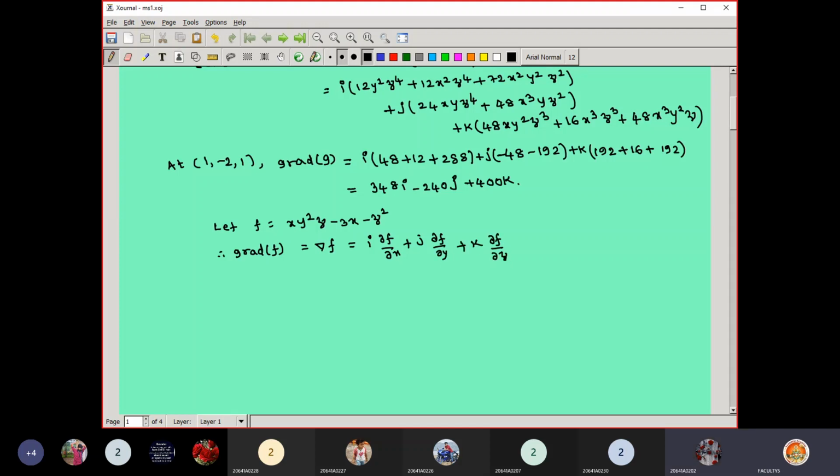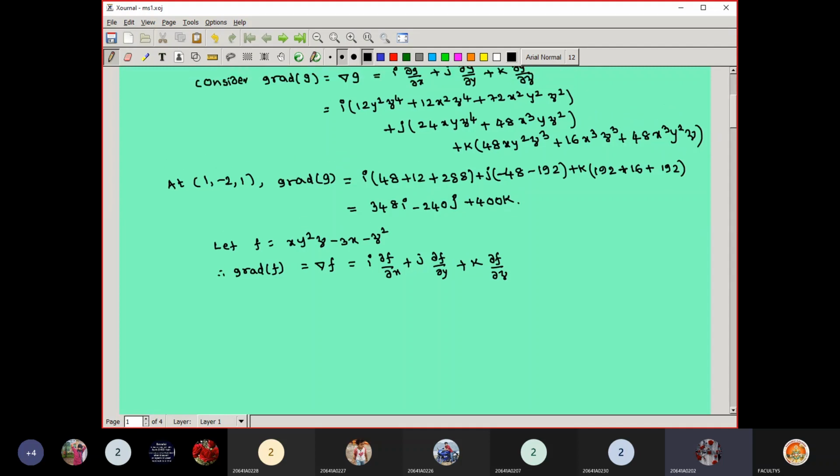Sir, earlier in the j term, we did 48 into minus 2, which is minus 96, but we wrote minus 192. Okay, in the j term, 48 x cube value 1, y value minus 2. Yes, we wrote 192 because we did 4 into 4 into 2, but it should be minus 96. Right, that was missed here.